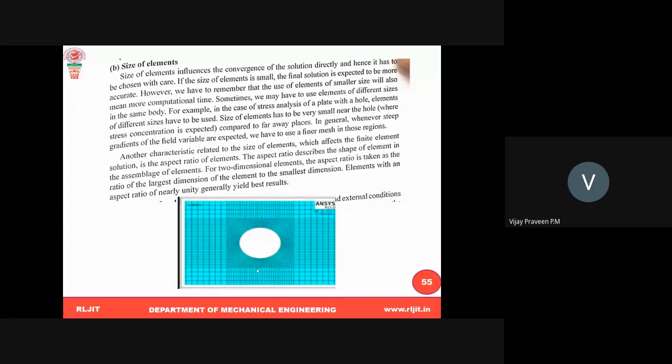You did this type of problem in DME, right? Hello? Hello? Yes, sir. Where do you get more stress here? Is it at the wall side or at the boundaries? Near the hole, sir.